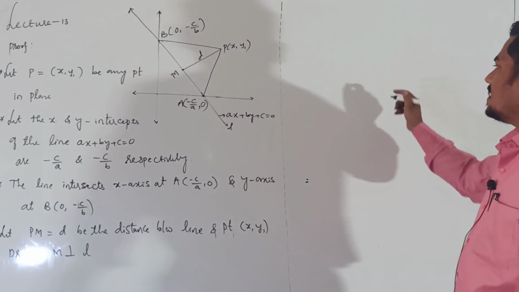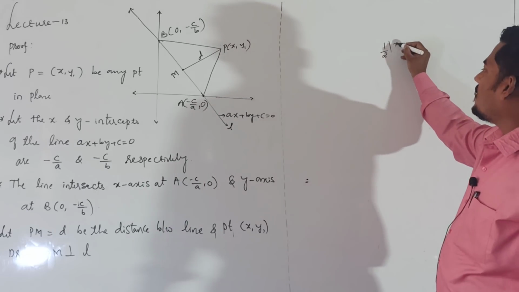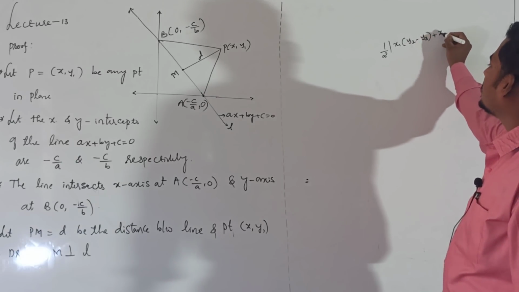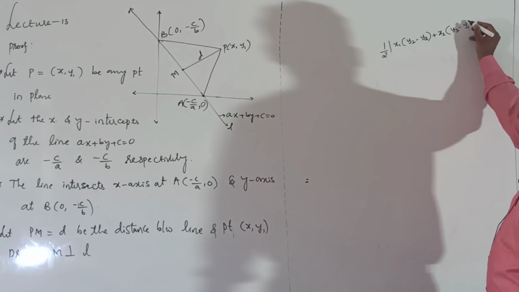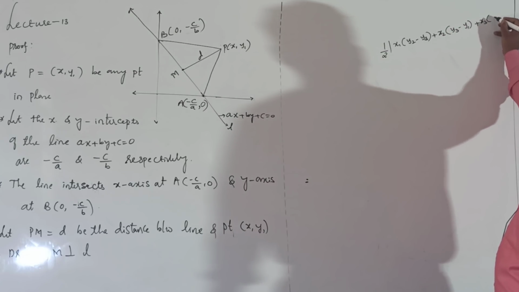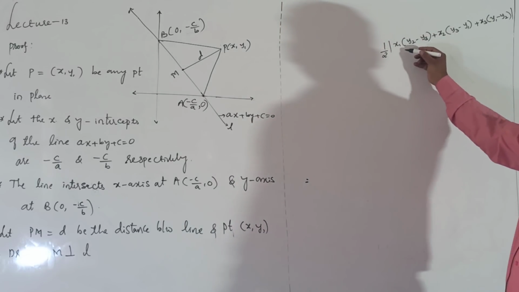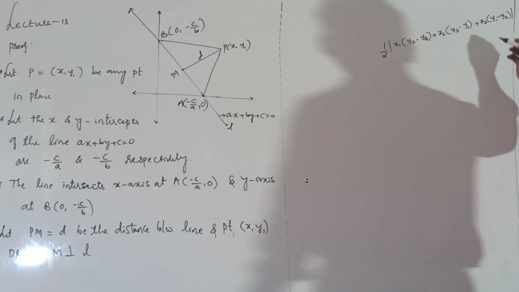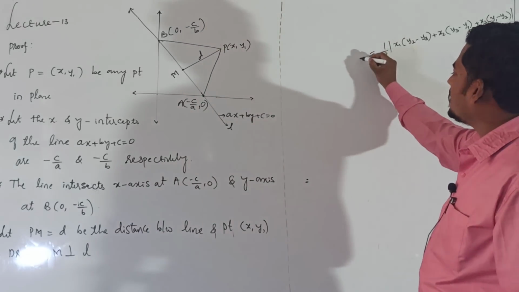When vertices are given, the area of the triangle is 1 by 2 times modulus of x1 into y2 minus y3 plus x2 into y3 minus y1 plus x3 into y1 minus y2. This is also the area of the triangle, right?